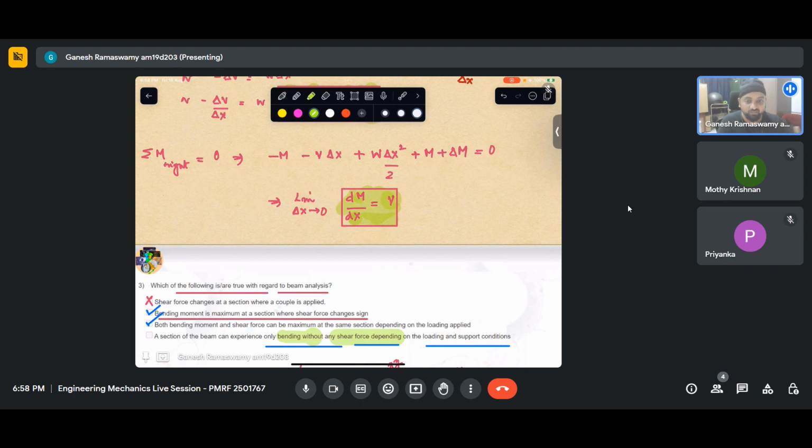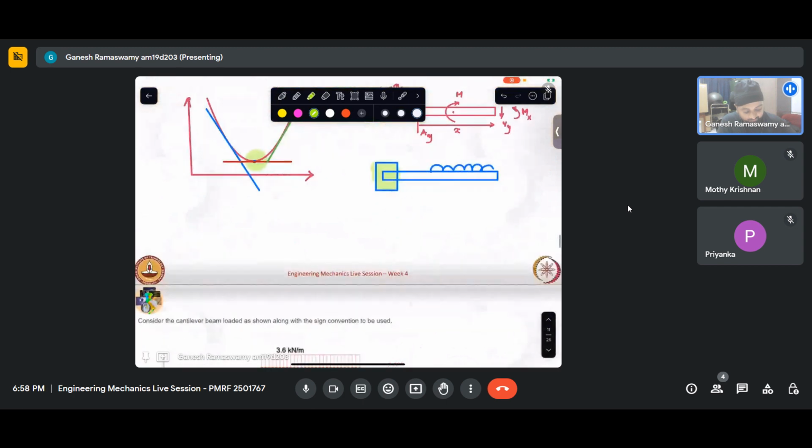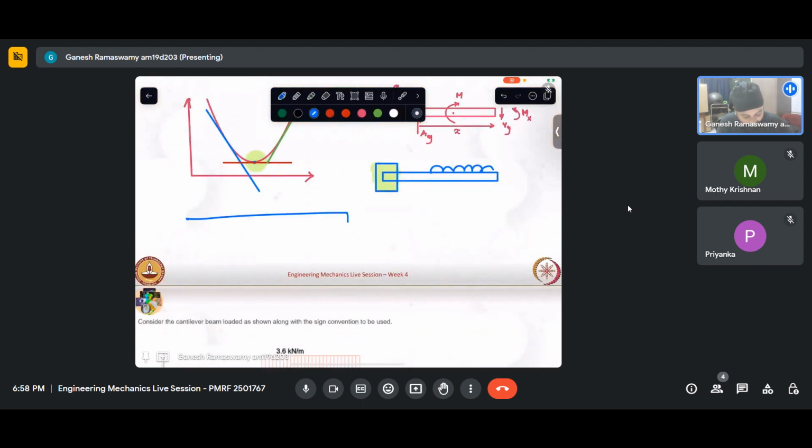So if we take the case of a four-point bend specimen, for example, if I take a beam like that and support it like that, and then I have two symmetrical concentrated loads applied.